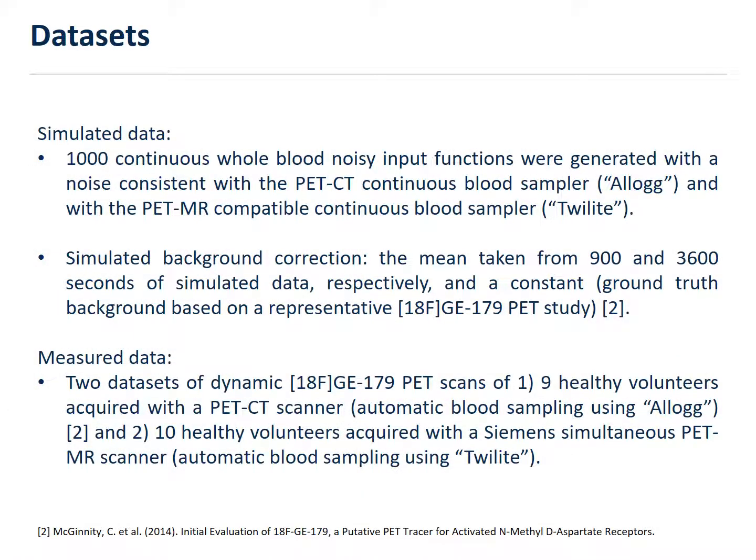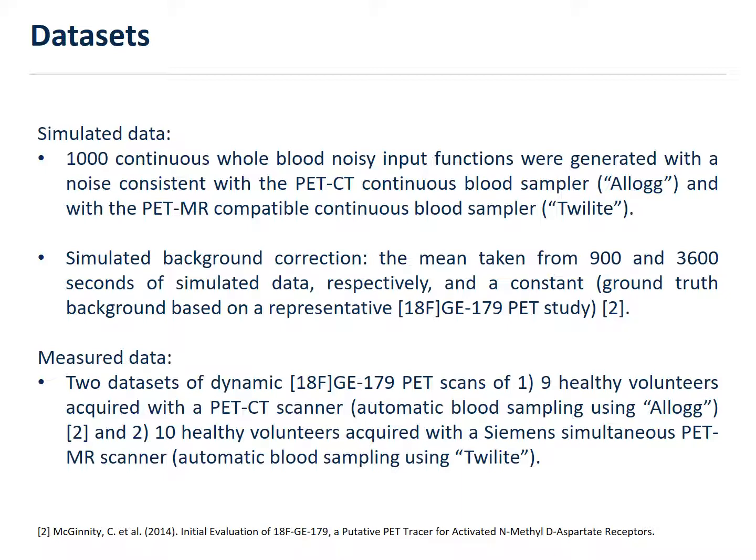The first applications of Multi-Blood to blood data were done using Monte Carlo simulations based on two continuous blood sampling systems, ALLOG and Twilight. While the ALLOG system is representative of a variety of systems used with PET-CT imaging, the Twilight system is the only commercially available product usable for simultaneous PET-MR scanners.